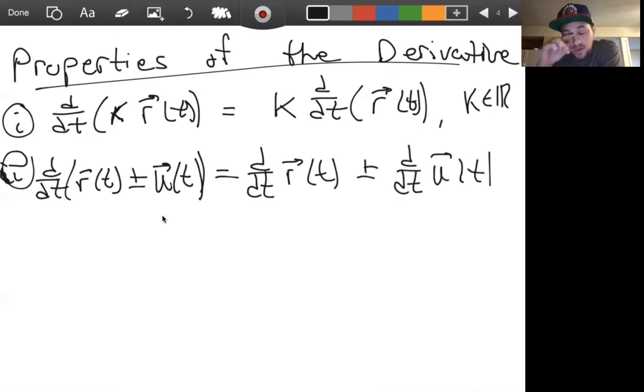And so for vector valued functions, we can still split the derivative over sum and subtraction.